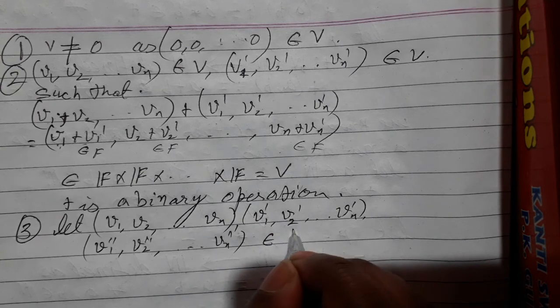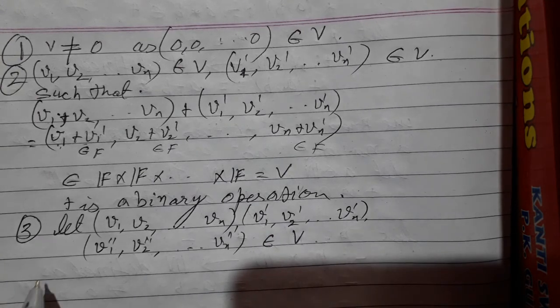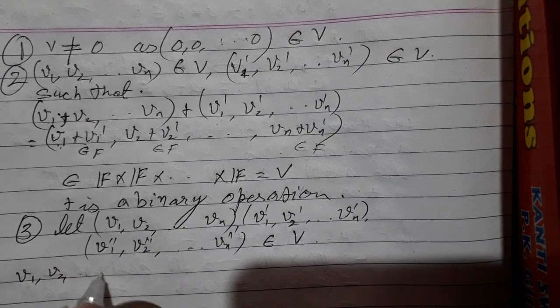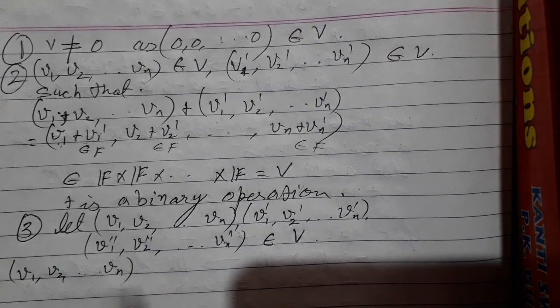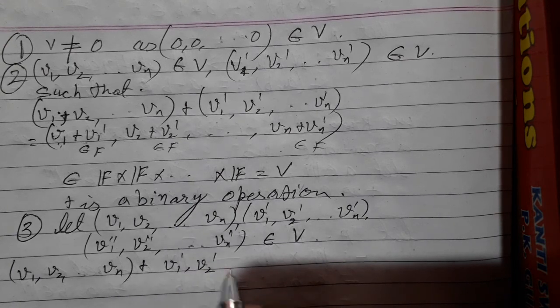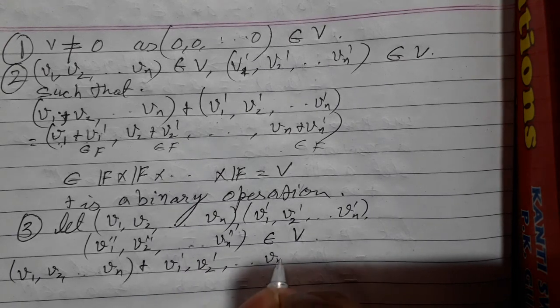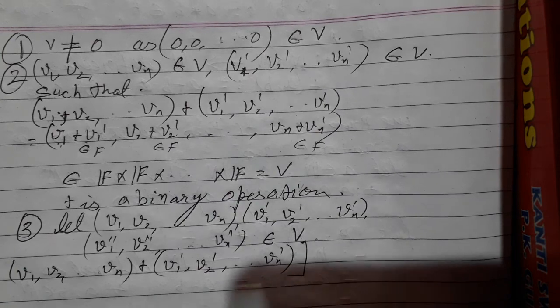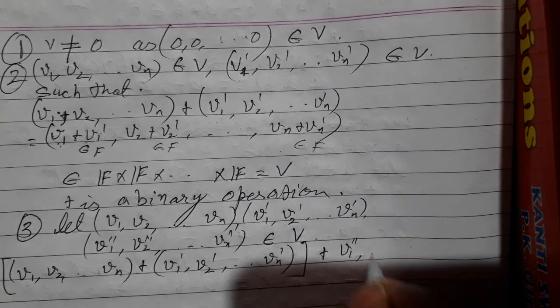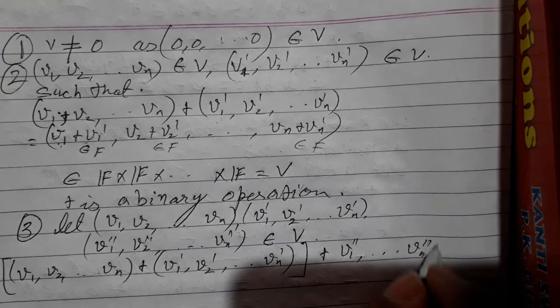Then I have (v1, ..., vn) plus (v1 dash, ..., vn dash), plus (v1 double dash, so on till vn double dash).